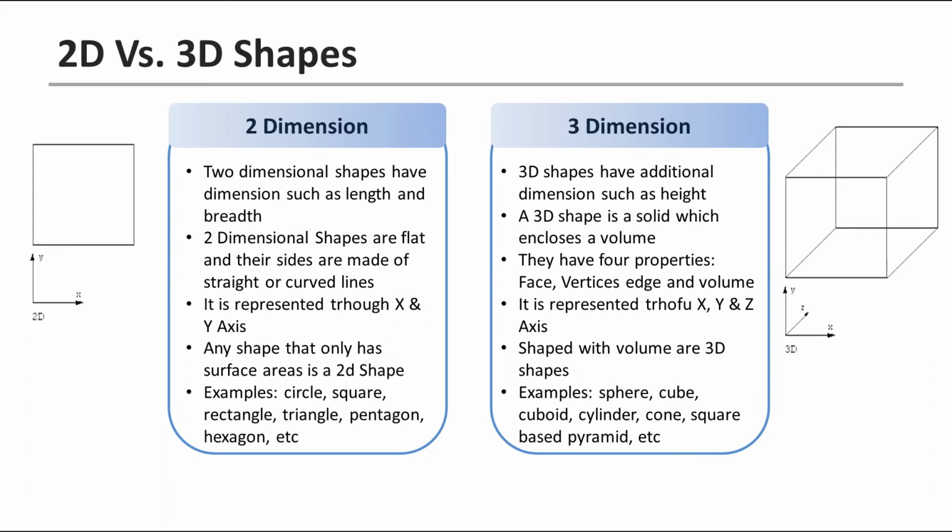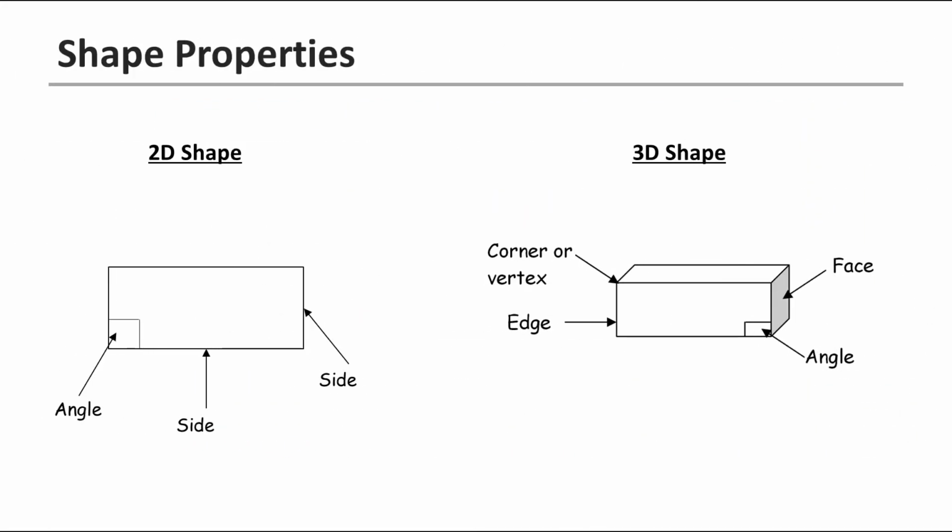Since computer screens are essentially two-dimensional, three-dimensional graphics are just 2D optical illusions that trick your brain into thinking that it is seeing a 3D object. 2D shapes have only three properties: length, breadth and angle. However, in case of 3D shapes, you can have face and corner or vertex as properties.